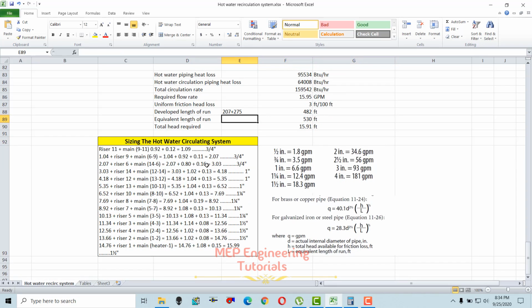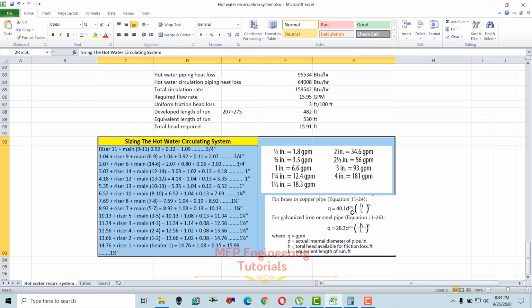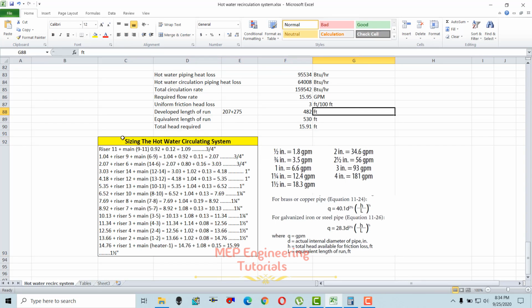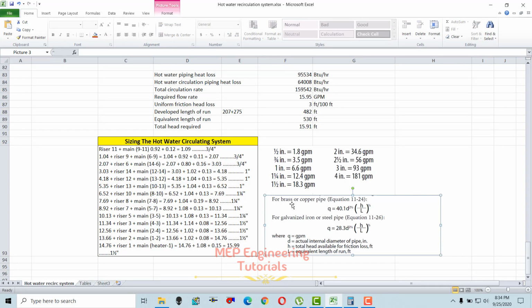So now the last thing which we have to do here is size the hot water recirculation system. This is very important. So how did we do this? Basically I have used this formula. For brass or copper piping you have to use this equation, and for galvanized or steel pipe you have to use this equation. Since we have brass piping, we have used this formula.